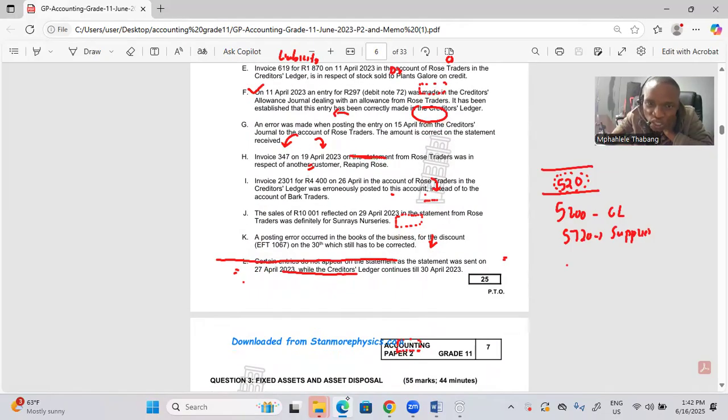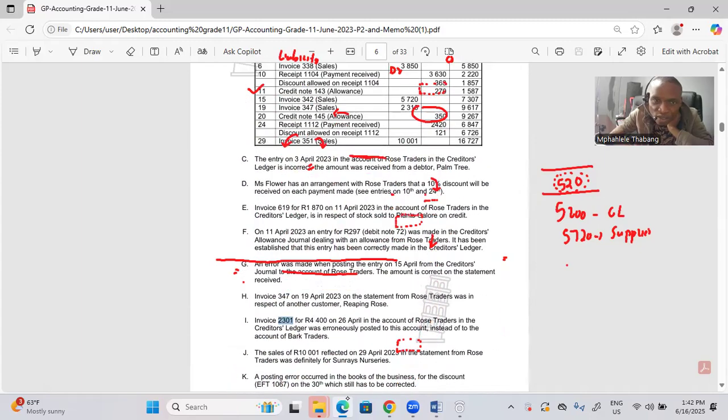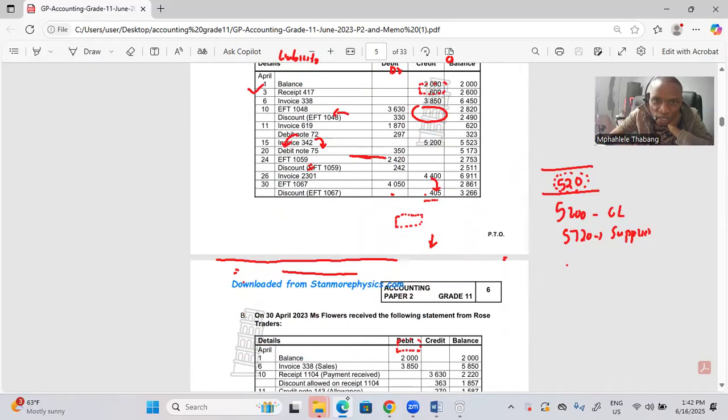So if we go to Creditors Ledger, we will find invoice 2301. Yes, it is on the 26th.